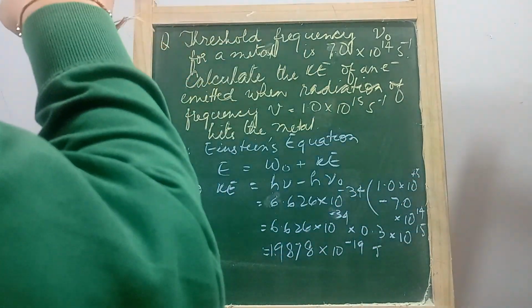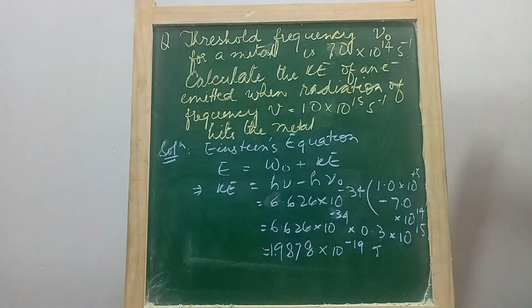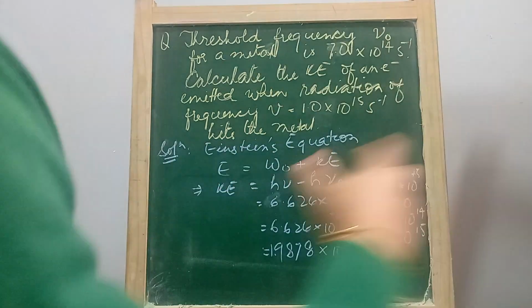The energy doesn't come continuously. It comes in packets called quantum or photon. The energy of one photon will be used to eject one electron from the metal.